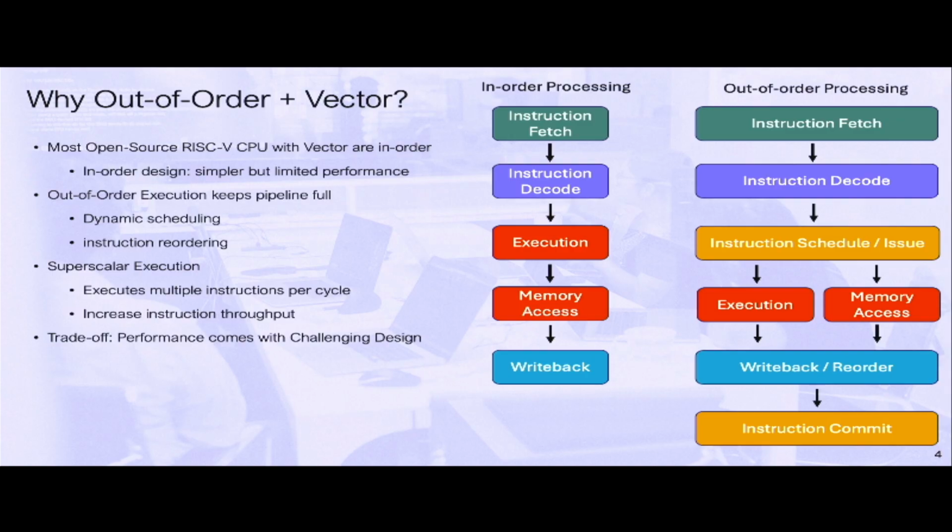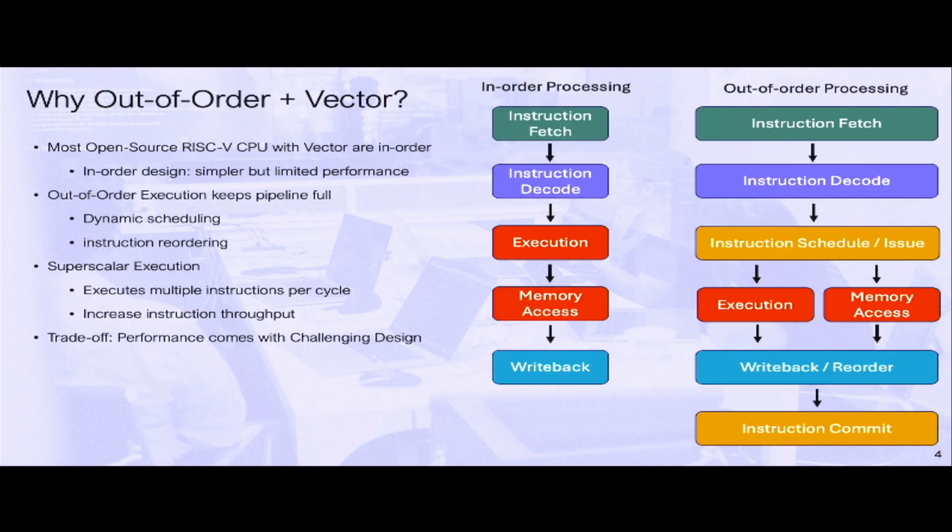On the right, we have shown a conceptual comparison between in-order and out-of-order processing. In an in-order core, instructions are fetched, decoded, and executed strictly in the order they appear. If one instruction stalls, say waiting for memory access, all following instructions are blocked, even if they are independent.